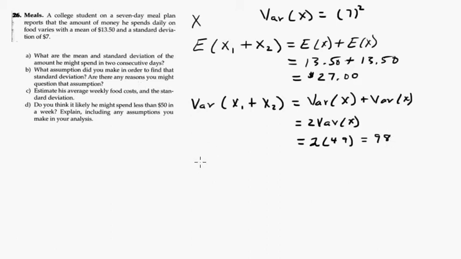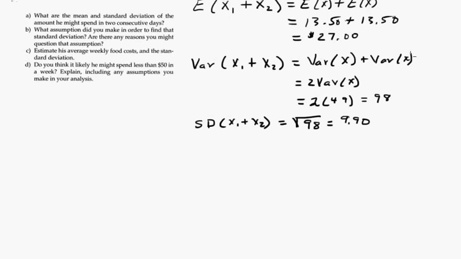So the standard deviation of x1 plus x2 is going to be the square root of 98, and that should be 9.9. I don't really want to do that on my calculator, but I think that's it.